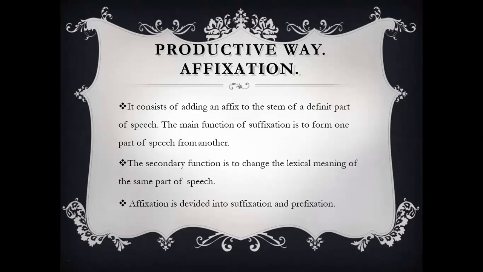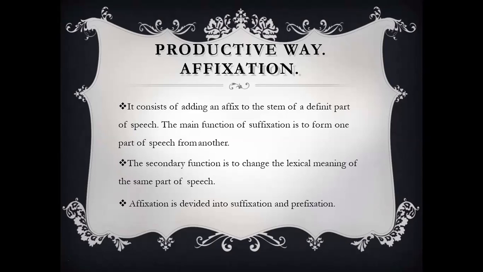So productive ways include affixation. First is affixation. It consists of adding an affix to the stem or root, so to a definite part of speech. So the main function of suffixation is to form one part of speech from another. For example, it was a verb, for example the verb teach. Yes, teach.